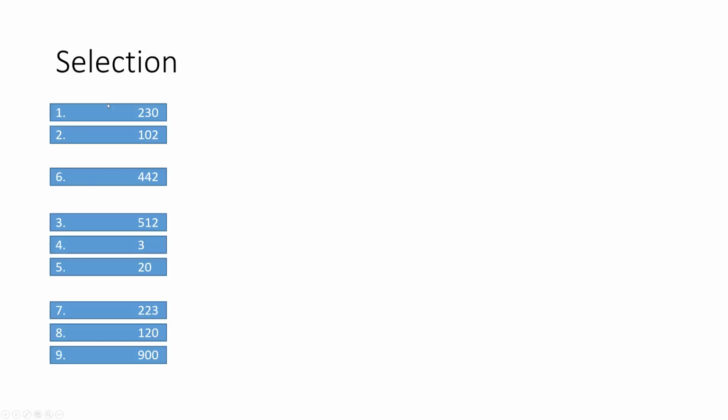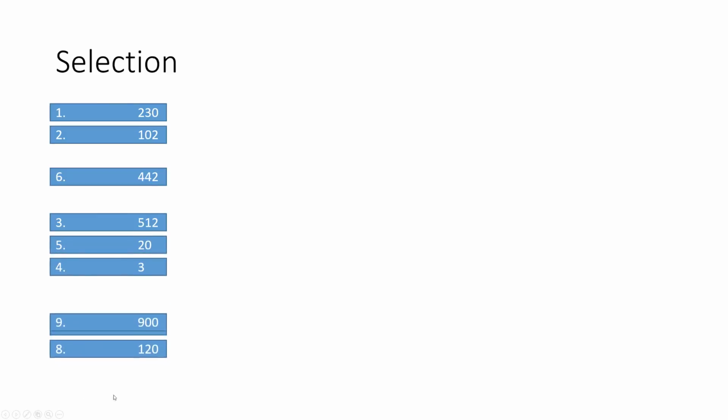We have our species. And what we will do is we will sort the genomes in our species by taking their score. So we are going to swap 4 and 5, and we are going to swap them at the bottom. So we have every species sorted.